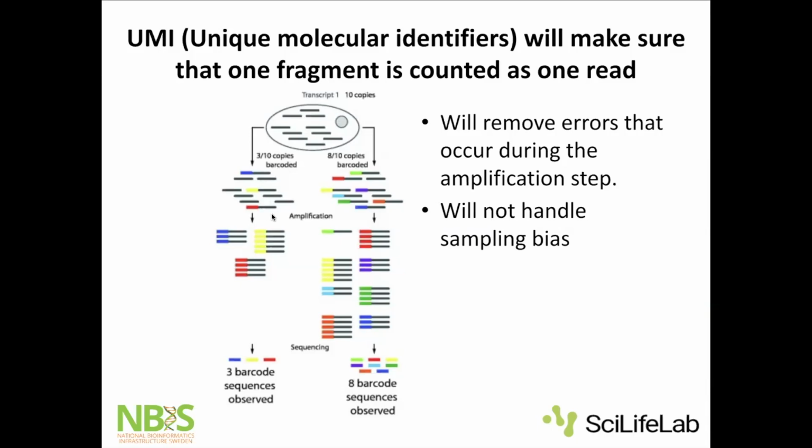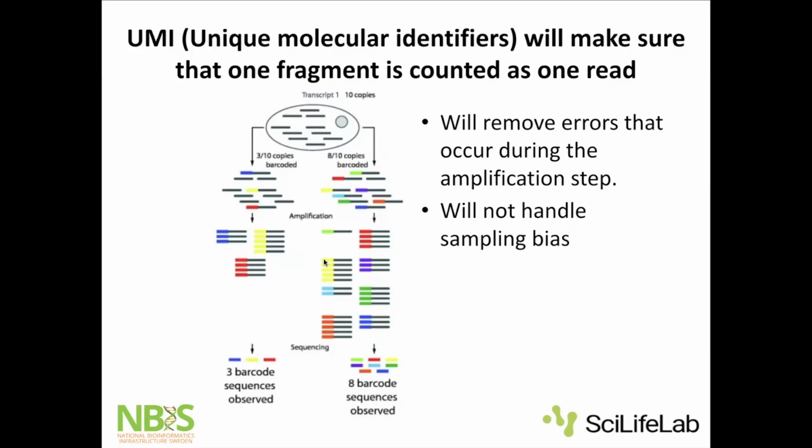Or in another cell, we might have something like this. Then we sequence it, and computationally we look at the combination of the UMI and what goes into the gene.